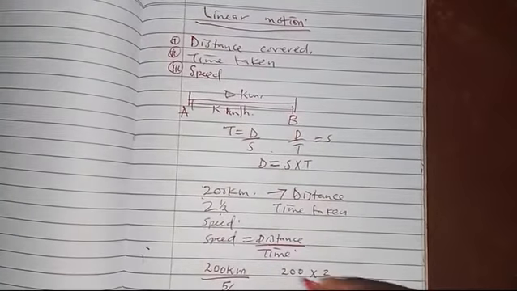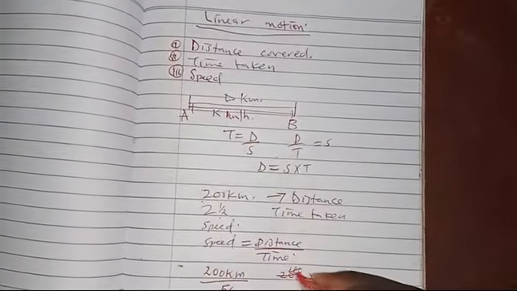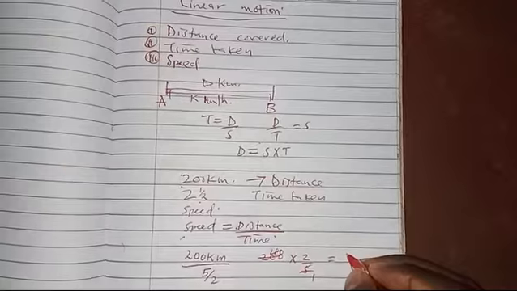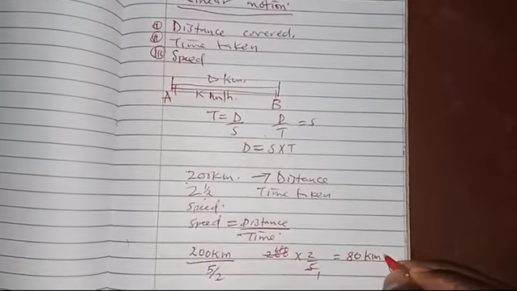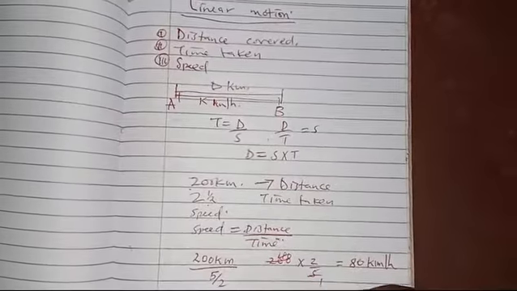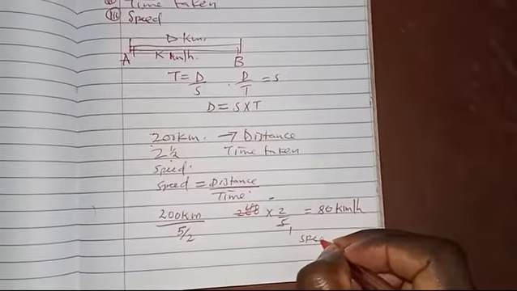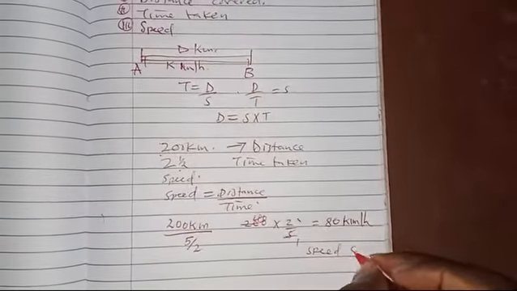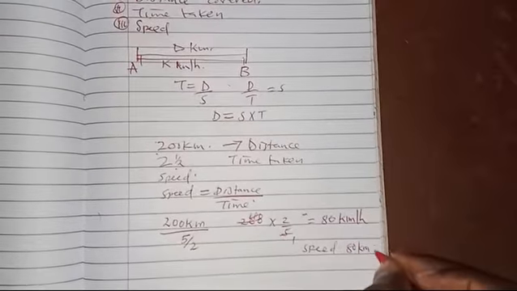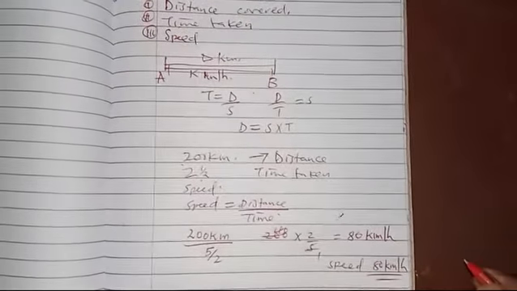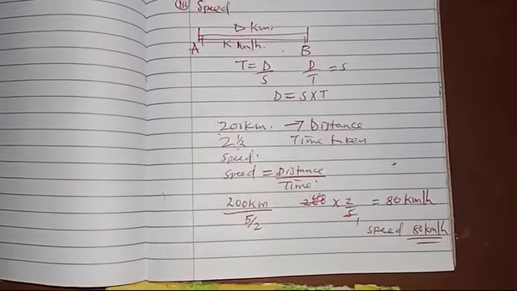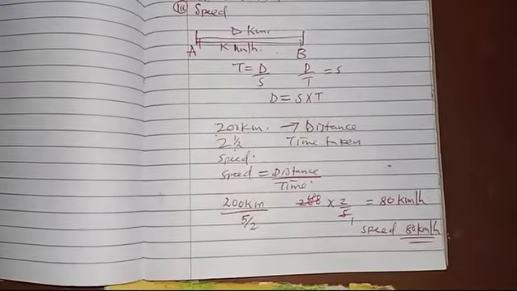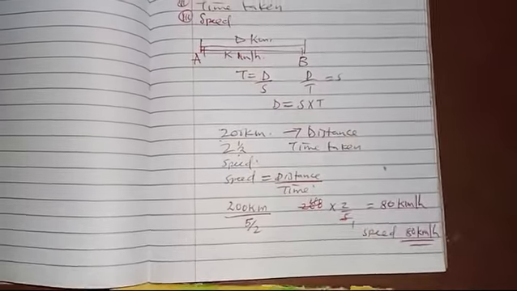So 200 divided by 5 gives 40, and 40 times 2 gives 80. So your speed will be 80 kilometers per hour. That's how you can calculate speed, given the distance and also the time taken.